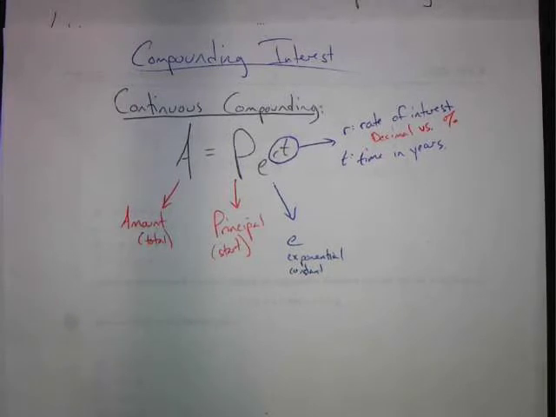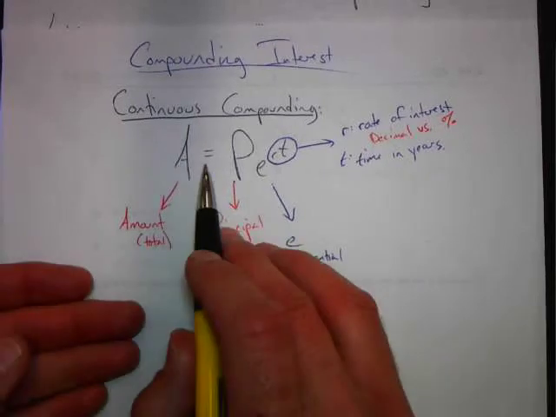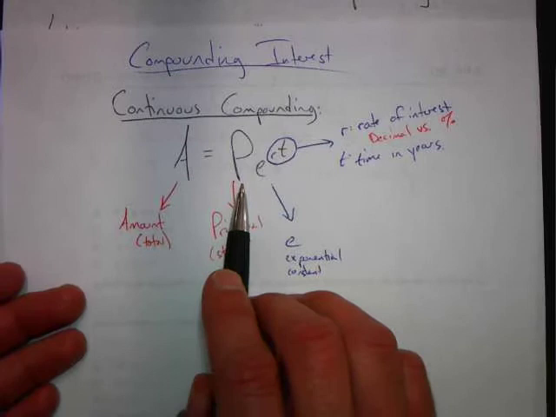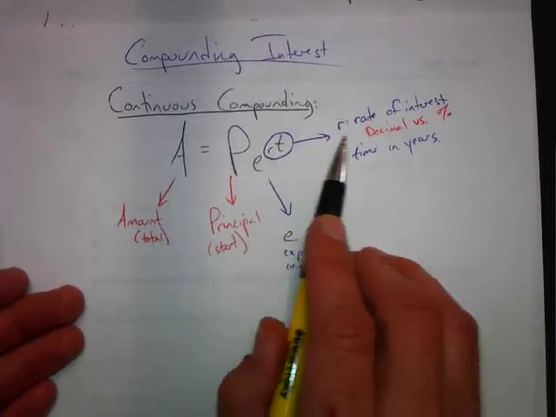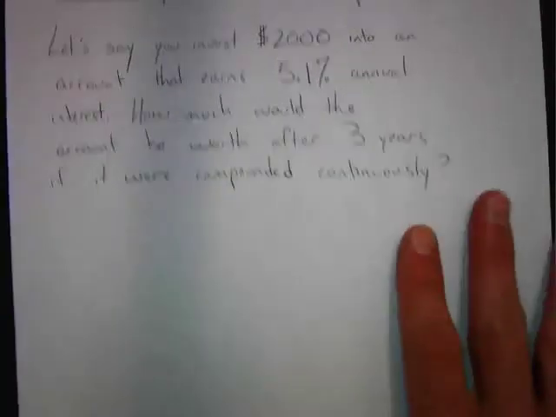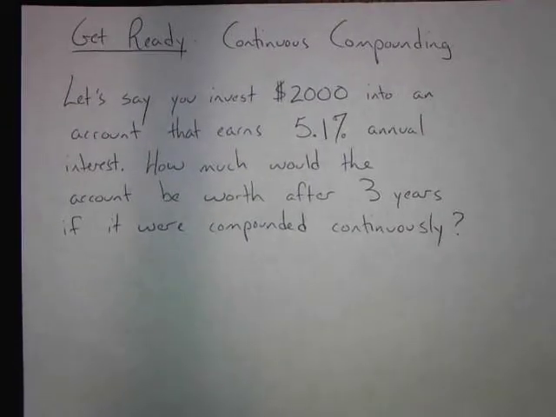When we're done with the problem, I'll do a more realistic situation for you, and then talk about other stuff. We call this formula Pert for short, because it kind of looks like the word Pert. Basically, it's the principal times e raised to this power, and that's going to be your total amount. We're going to use that formula in this situation.